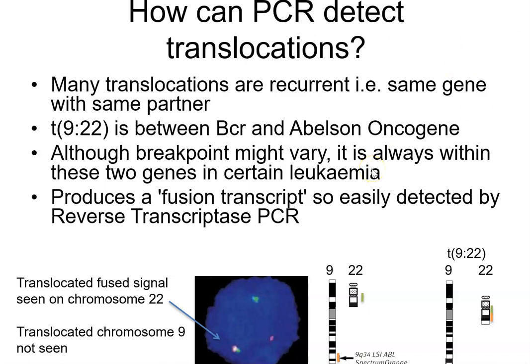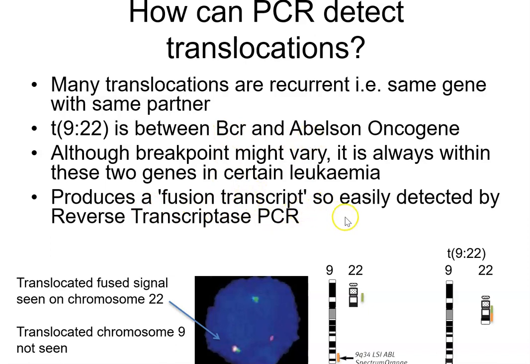If we take a disease such as chronic myeloid leukemia, 90% of them will have this translocation between chromosome 9 and 22, which we call the Philadelphia chromosome, and it's a translocation between the BCR and the ABL oncogene. And these breakpoints vary between individual patients, but always result in what we call a fusion transcript between the BCR and the ABL gene.